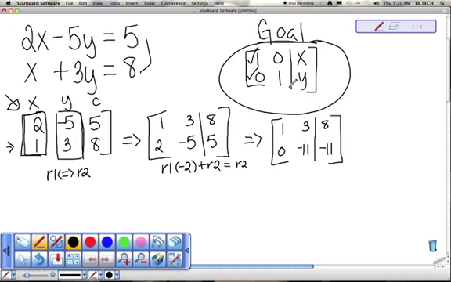For step 3, we want to change this -11 into a 1. And we can do that by multiplying the -11 by its reciprocal. So R2 times 1 over -11. And so again, we'll just rewrite row 1.